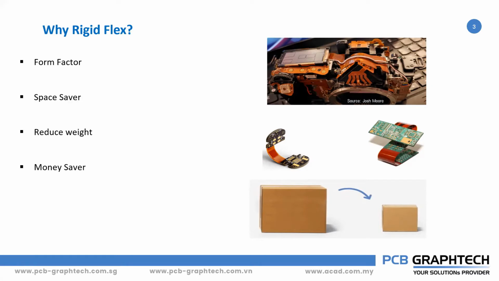First, form factor. For example, if you have a flex circuit which is placed on an odd shape of your board, that is a very good option to consider. You can see in the right side, the top picture, there is a camera, and on top of the camera there is a flex circuit.